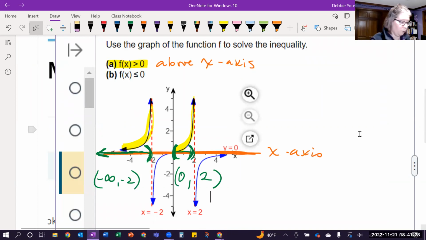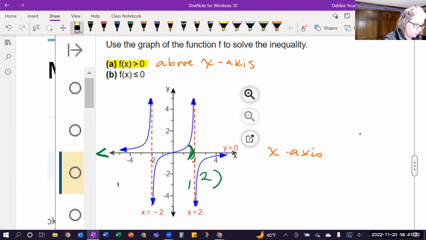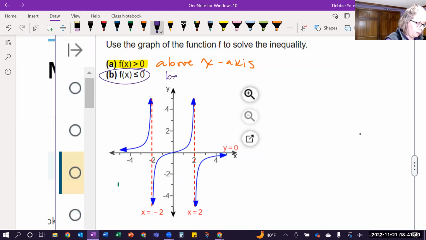If I'm doing less than or equal to, which is the second part of the question, now if I do less than or equal to, I'm looking at below or on the x-axis, okay?